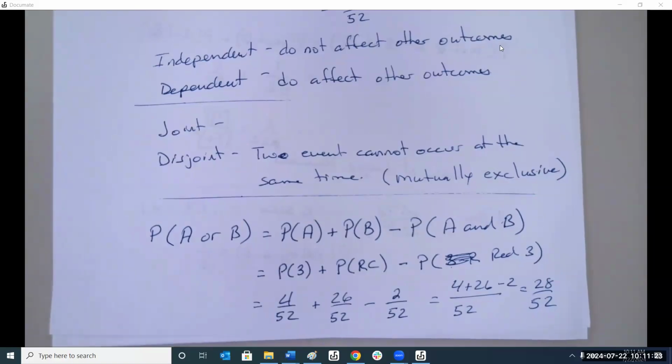So whenever you're asked a question where the word "or" fits inside, the probability of this or this, you have to ask yourself, do they occur at the same time?